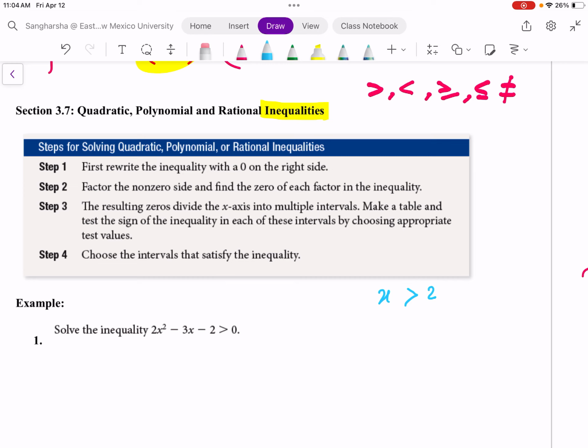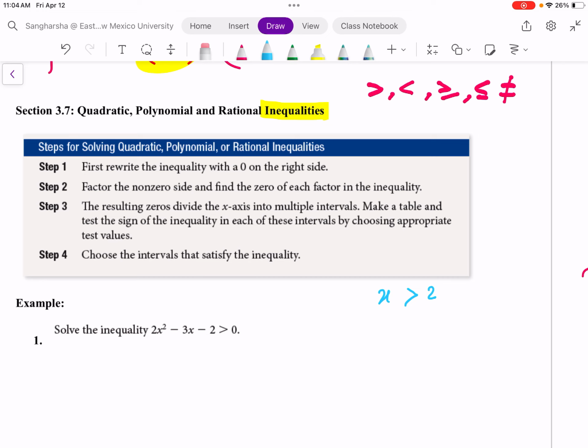If you have a cubic equation with degree 3, you get at most 3 solutions. Similarly, if we have an equation with degree 4, then our solution is 4 or fewer. But when we are talking about inequalities, we always get infinitely many solutions, and we use interval notation to write down the solution.